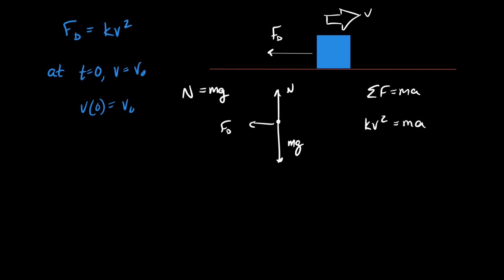Now, I'm going to make a choice right now, a choice that aids me in the future. I know the drag force is reducing the velocity of the object, right? It opposes the direction of motion. And although to the left is a perfectly valid positive direction, because I know it's slowing it down, I'm going to go ahead and make this negative now and not worry about having to make the velocities negative in the future.